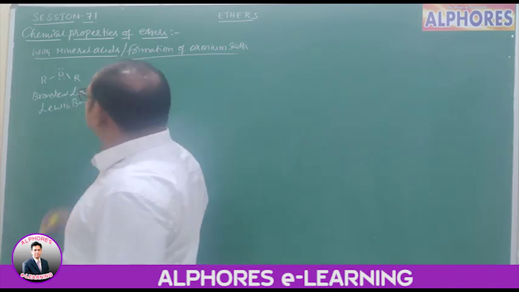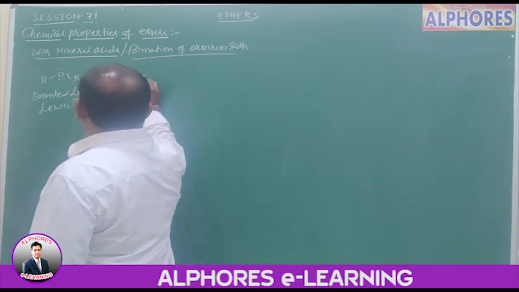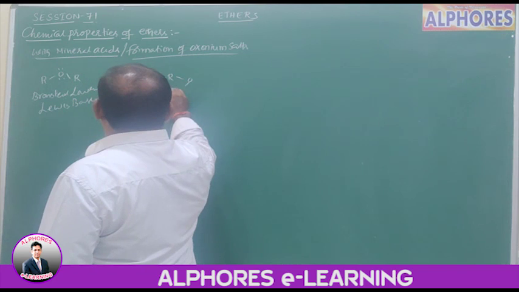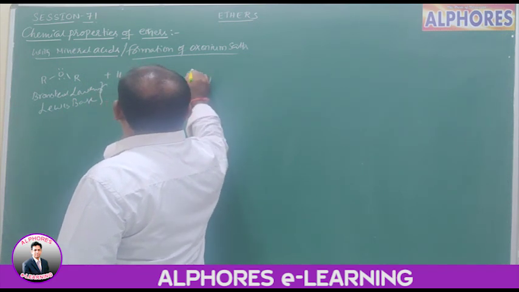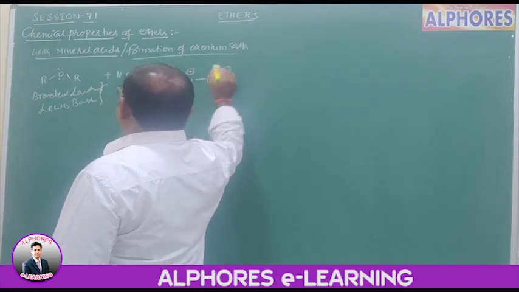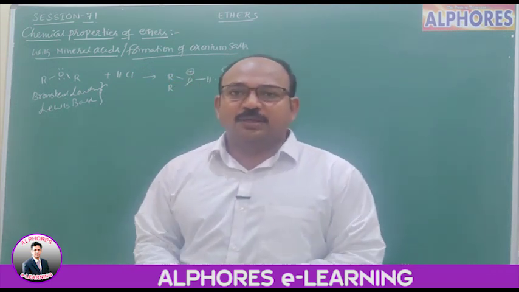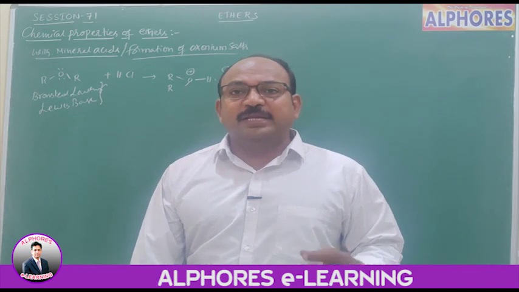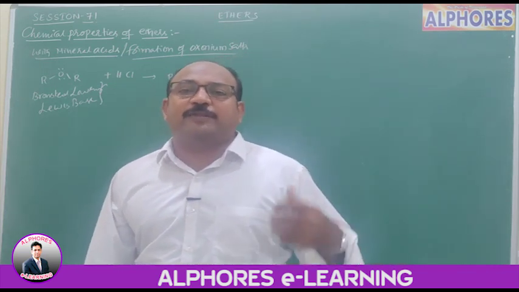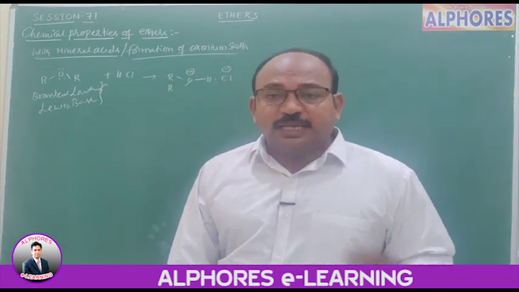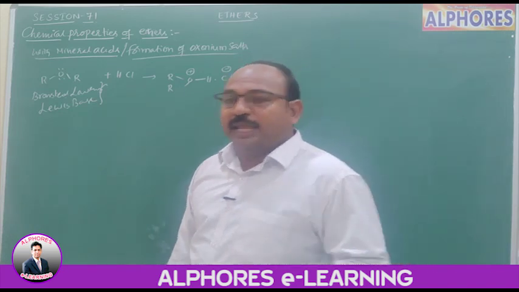Ethers act as base. Which type of base? Bronsted-Lowry base means they can accept the proton, and as Lewis base, they accept proton by donating their lone pair. Because they have the tendency to donate lone pair of electrons, we can say Lewis base, and because they have the tendency to accept the proton, we can call Bronsted-Lowry base.